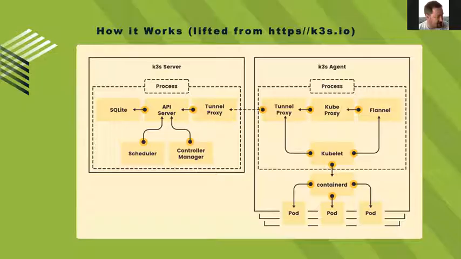All right, so I stole a slide from K3s.io because it does a decent job of showing what the process organization is. For Kubernetes, we know we're dealing with a distributed system, and K3s makes some simplifying choices.